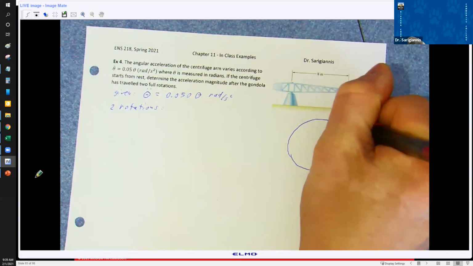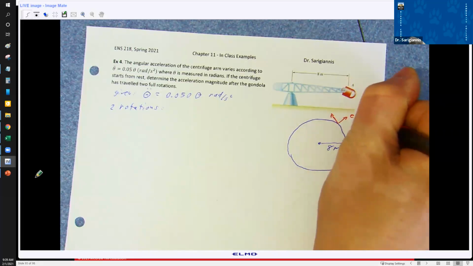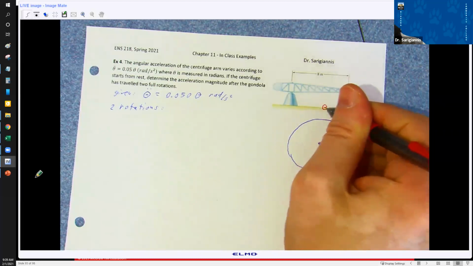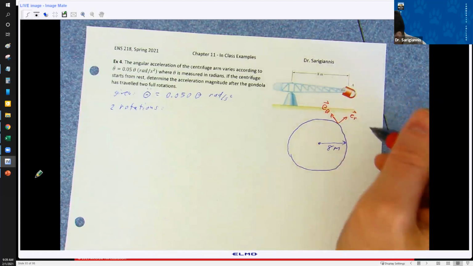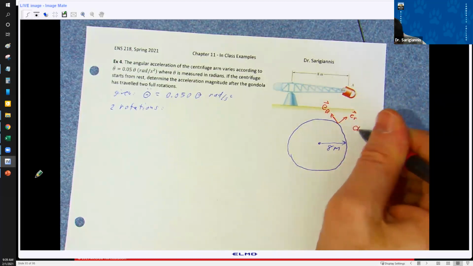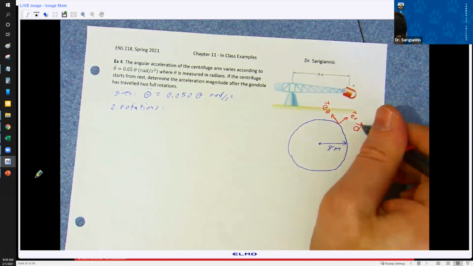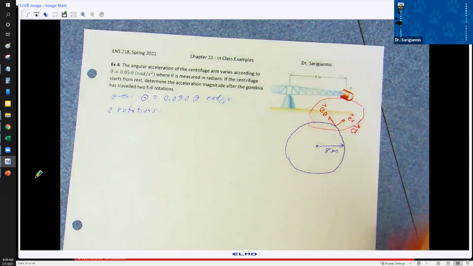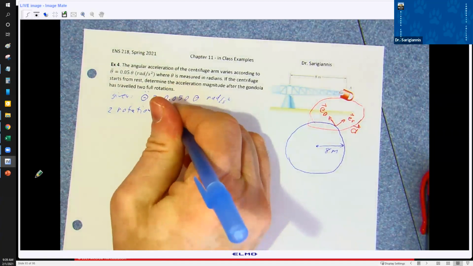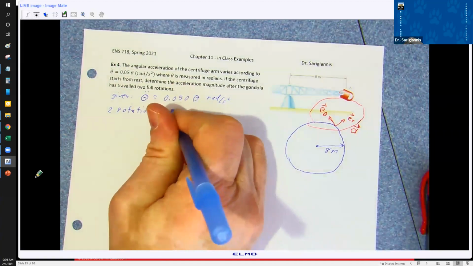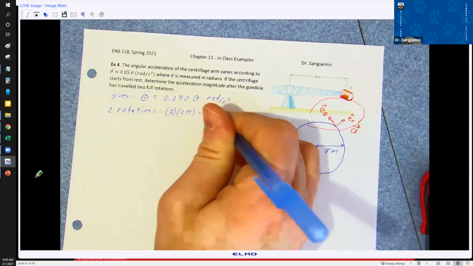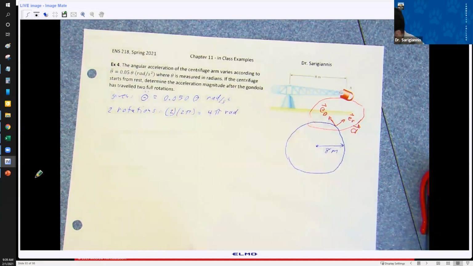This is your e_r, and this is your e_theta. And this gives you your acceleration vector, right? These components. So 2 rotations, remember, a full rotation is 2 pi, so we've got 2 times 2 pi, and this is going to be 4 pi radians.